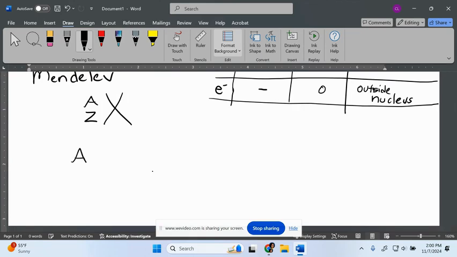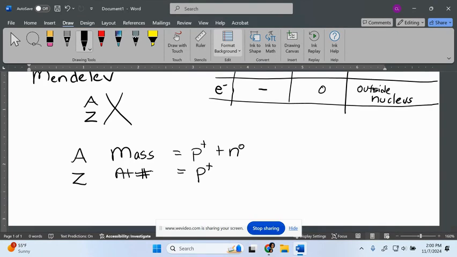A represents the mass, and our mass consists of how many protons plus how many neutrons we have. Z represents the atomic number, and it is equal to the number of protons.